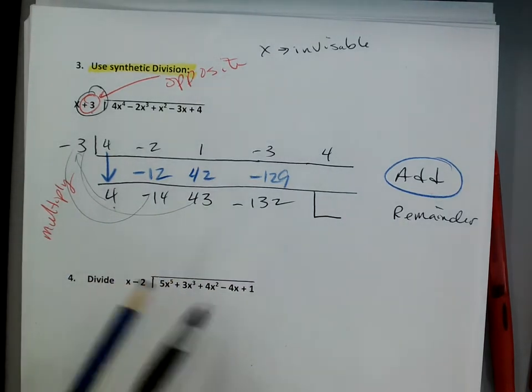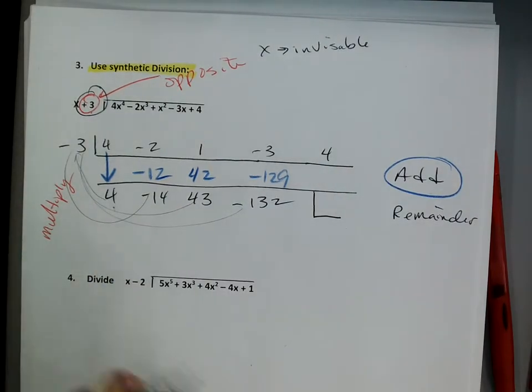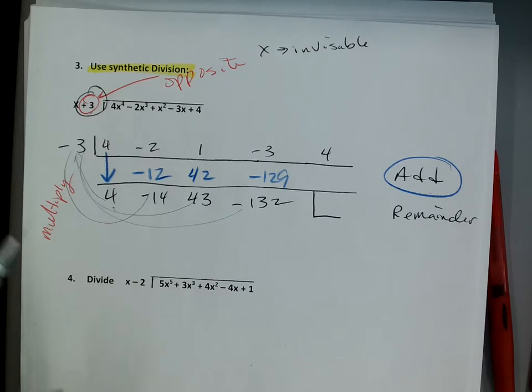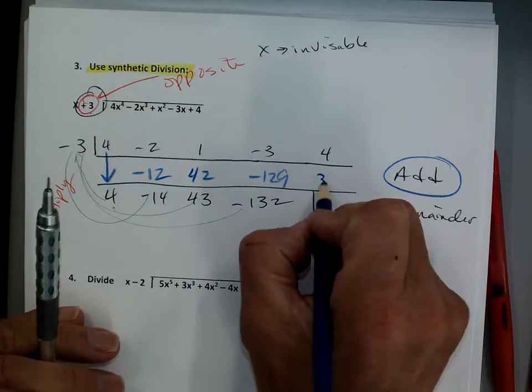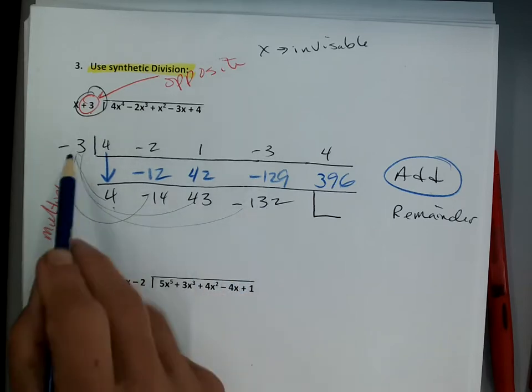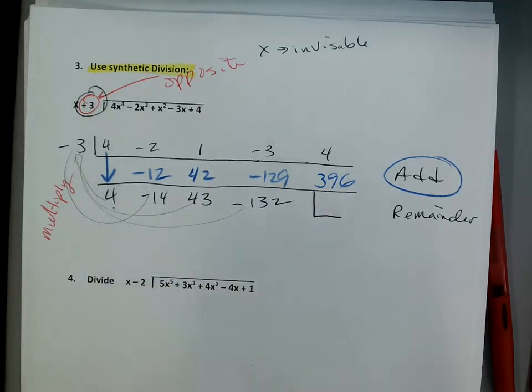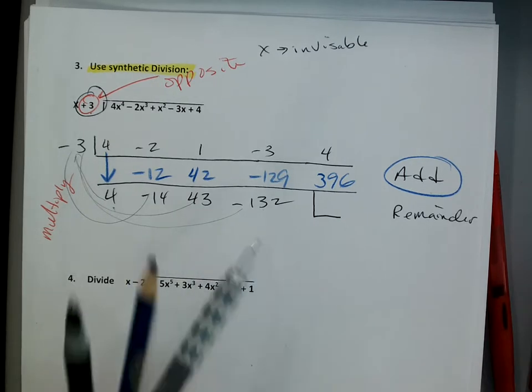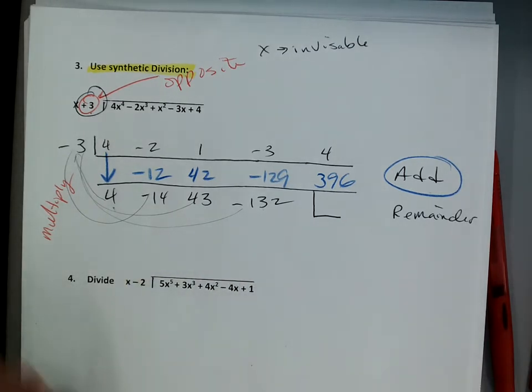And then I multiply. And I get a positive 396, sorry. Okay, so I multiply negative 132 times 3, and I get 396. Then I add, and I get a 400. Okay?